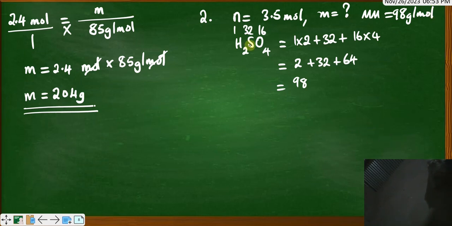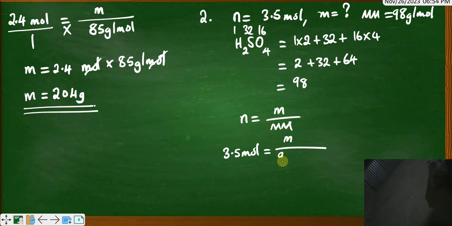So now we'll bring in the formula. Since we want the mass, we'll bring in the formula which says number of moles is equal to mass over molar mass. Okay, now we'll substitute. Number of moles is 3.5. So here we'll put 3.5 mole is equal to m over, where there's molar mass we'll put 98 grams per mole.